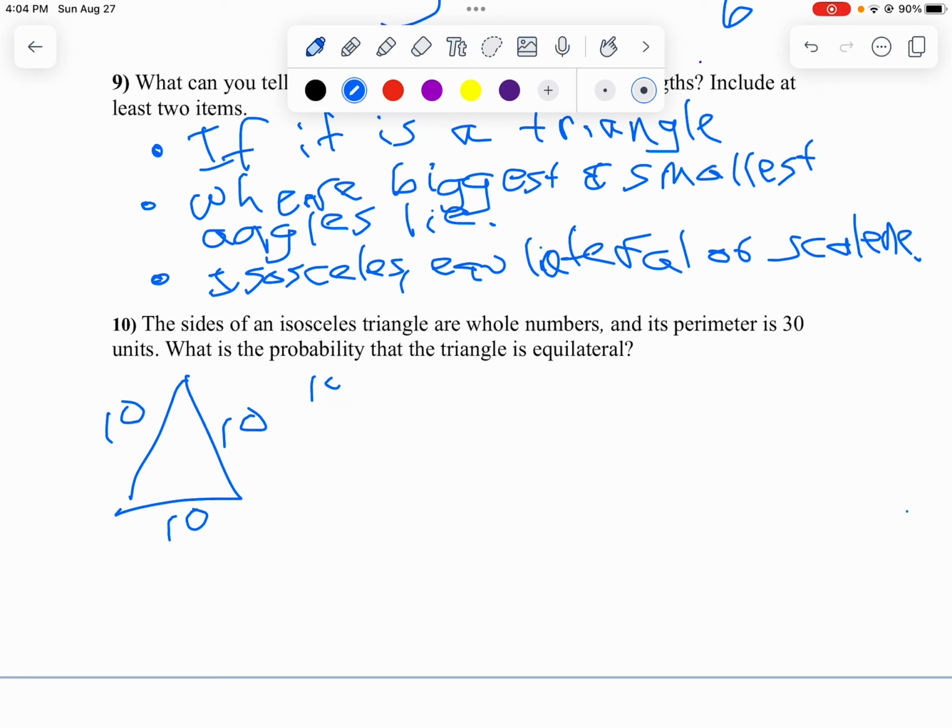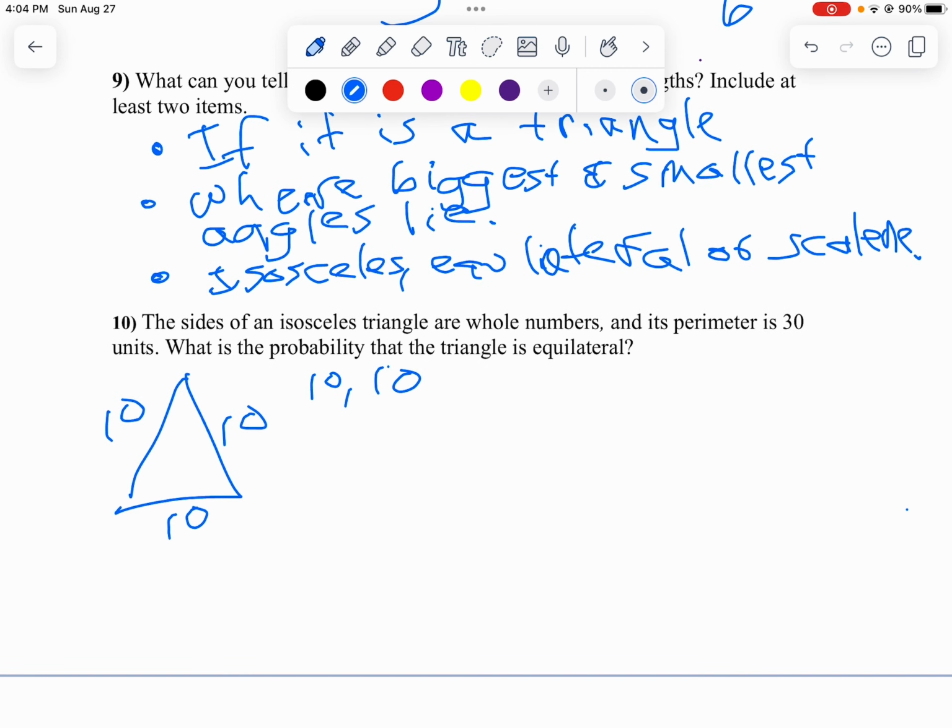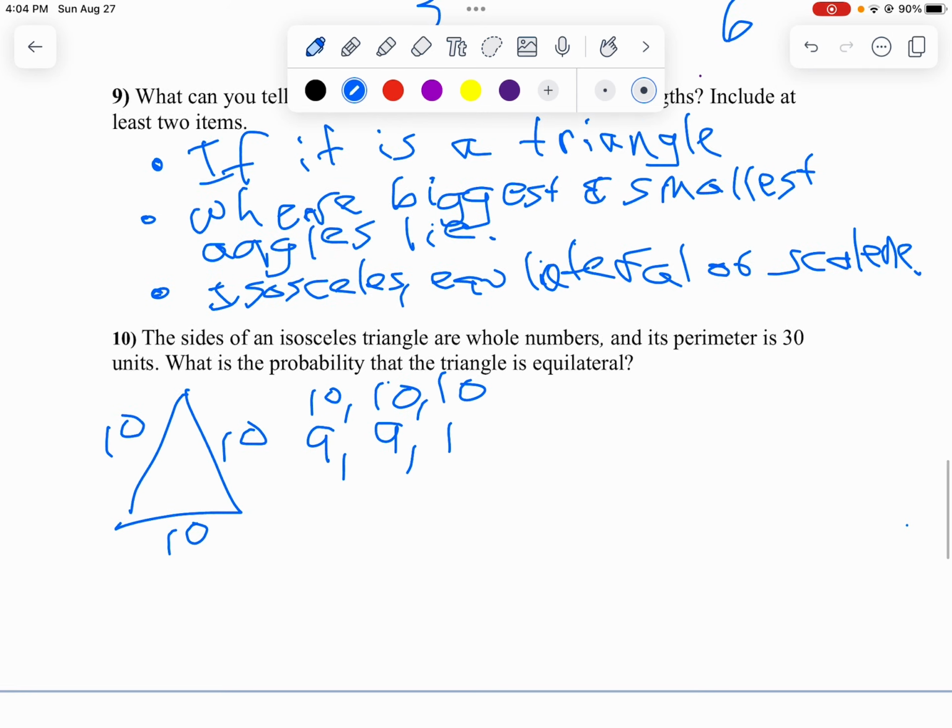Now let's go systematically. Let's see what we can do there. Okay, now we know since it's 30, I know at least one of my numbers. How about if we go 9, 9, because it has to be isosceles, so that makes it nice. 9, 9, and 12, that would be a triangle, wouldn't it?